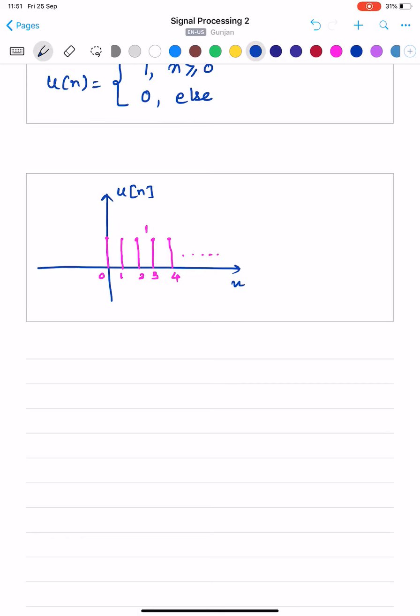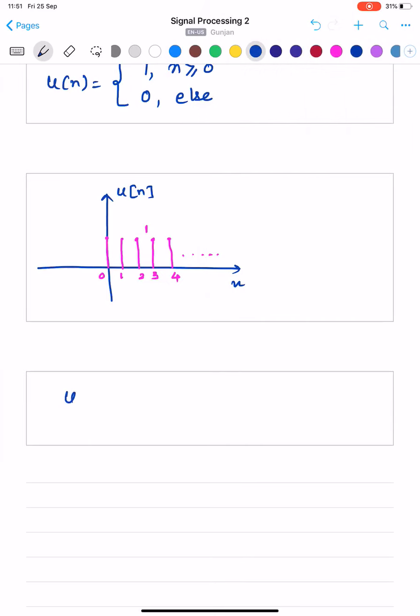If you want to do it for u of minus n, then u of minus n will be 1 for n less than equals to 0 and 0 else.